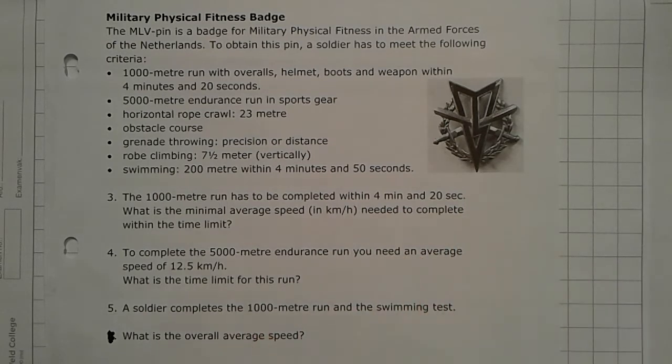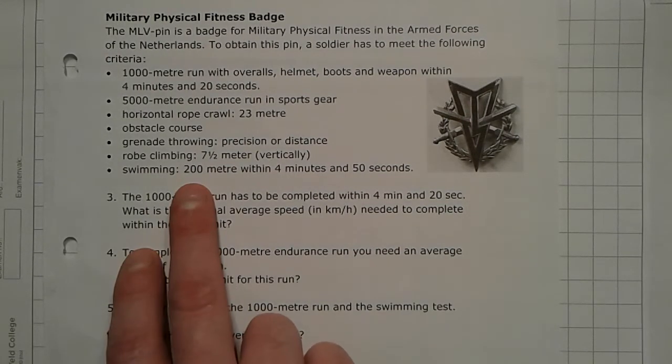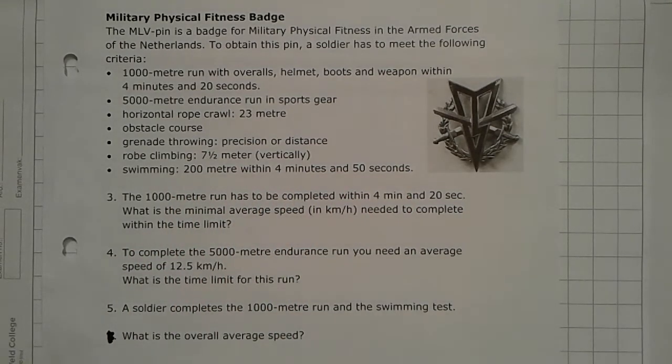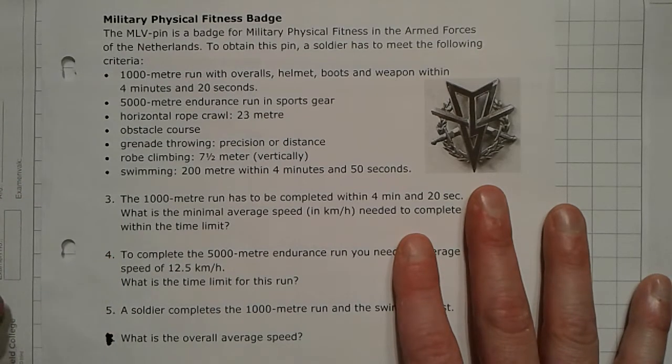For the 5,000 meter run, you need an average speed of at least 12.5 kilometers per hour. And there's the swimming test, 200 meters in 4 minutes and 50 seconds. Okay, now let's have a look at those questions one at a time.